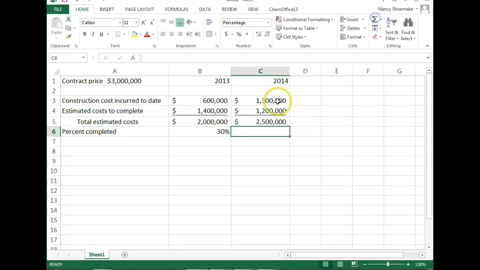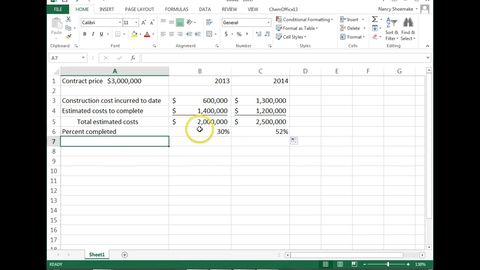But now when we go over here and say, okay, in 2014 we have a little better view of where things are at. We're thinking, wow, our costs are 1,300,000 now, but we're only expecting our total estimated cost to be 2,500,000.